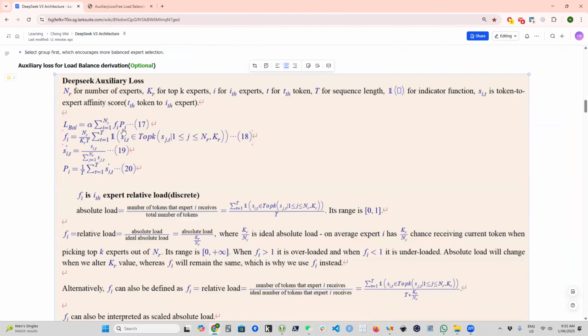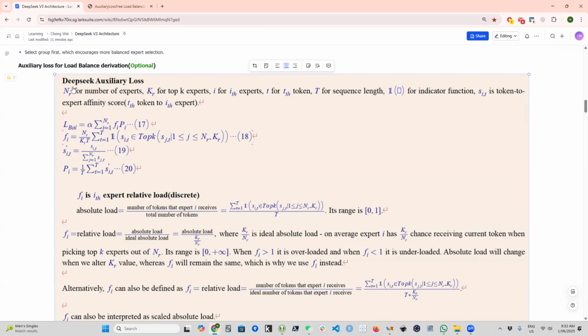the formula. So this one is a little bit complicated. Let's understand the terms first. So auxiliary nodes. There are a couple of parameters here. NR means number of experts.